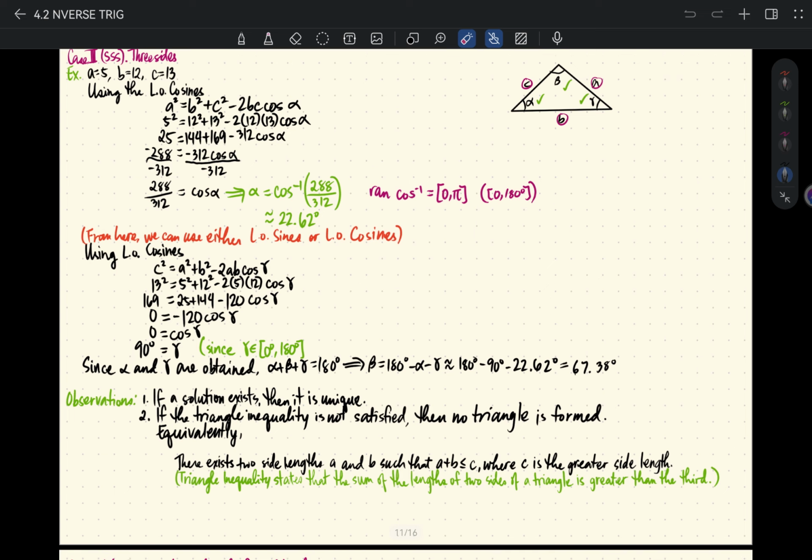So if you can find 2 side lengths A and B such that the greater side length is greater than the sum of the other 2, then you don't have a solution. So again, what you're looking for here is comparing the greatest side with the sum of the other sides.